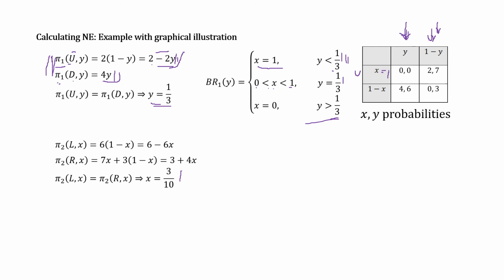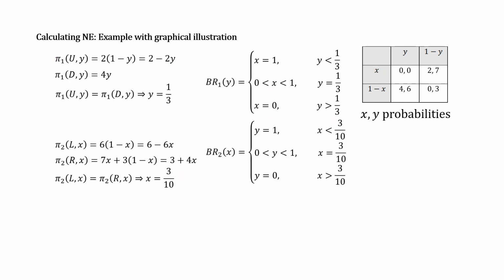Therefore, the payoff for playing down is more than the payoff for playing up, so the best response of agent 1 is to play down with a probability of 1. In other words, 1 minus x should be equal to 1, or x should be equal to 0. That's shown right here: x equals 0 when y is greater than 1/3.